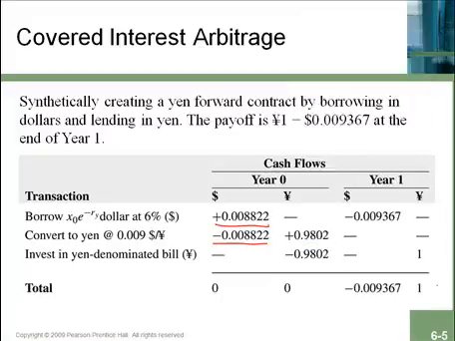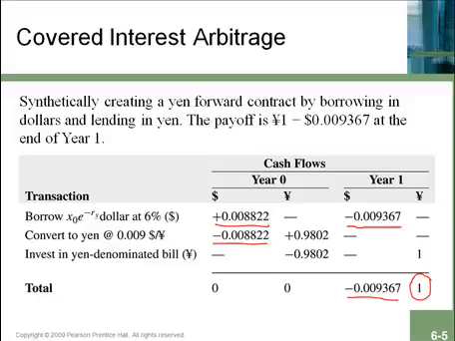This is a synthetic forward contract. The idea is to replicate the forward contract, and the forward contract would definitely allow us to acquire 1 yen. Now, the forward contract would also require that we pay this price, 0.009367, for 1 yen. So, how is it that the synthetic forward causes us to pay that amount at time 1, that is 1 year from now?